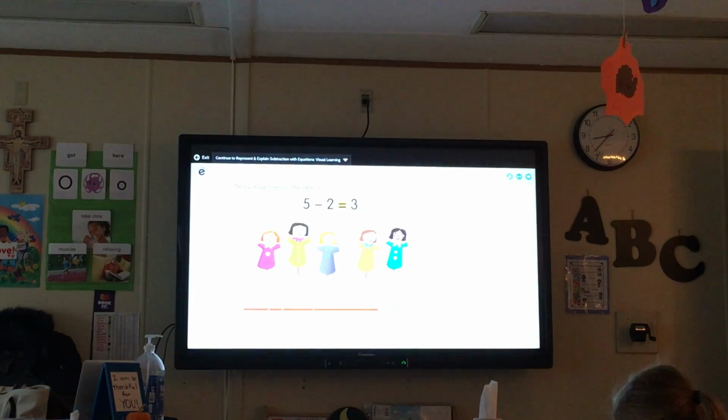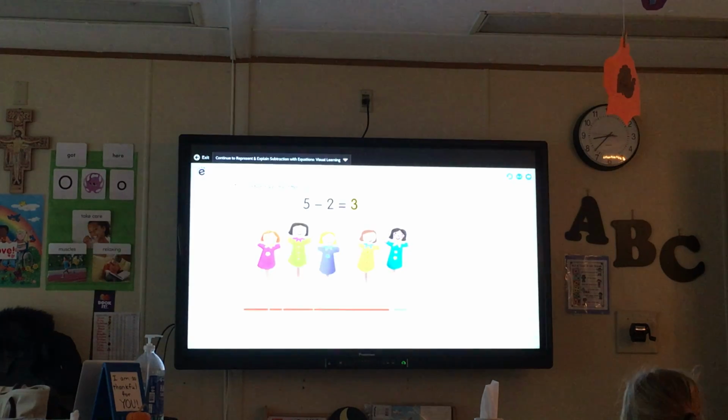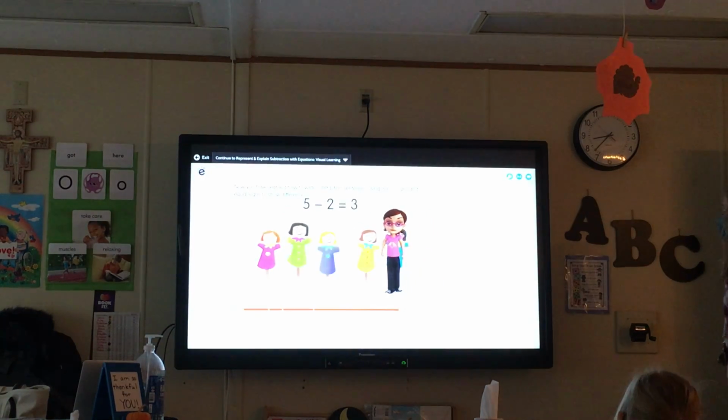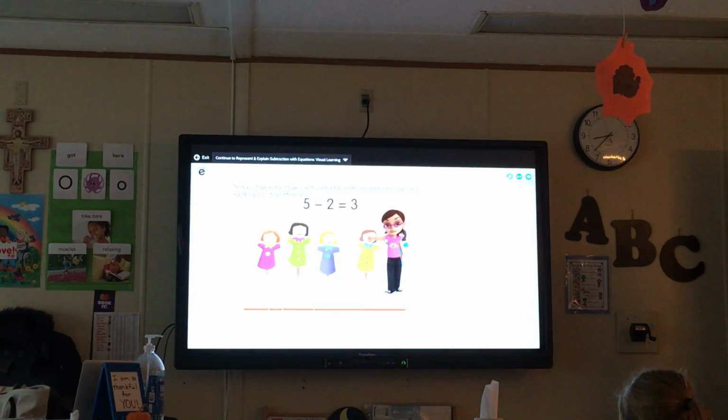The equal sign means is the same as. What number tells the difference? The number 3. 3 tells the difference. Now you have learned how to write subtraction sentences using minus signs and equal signs to show differences.